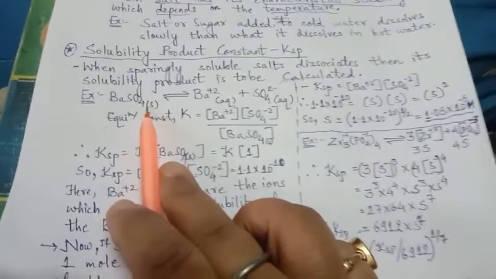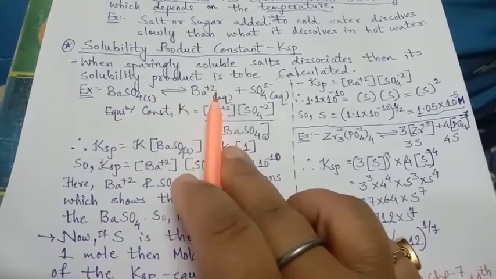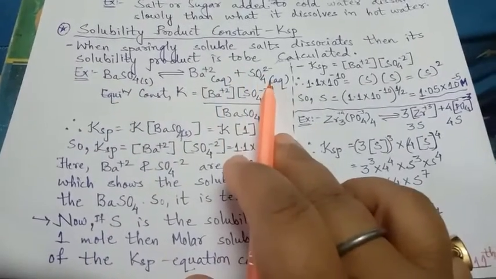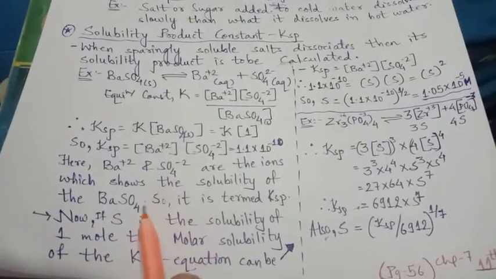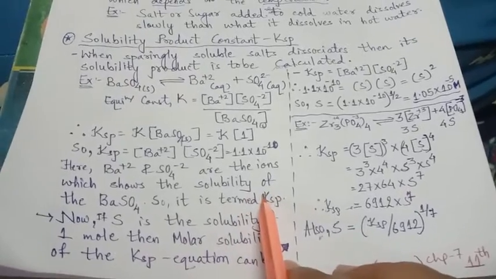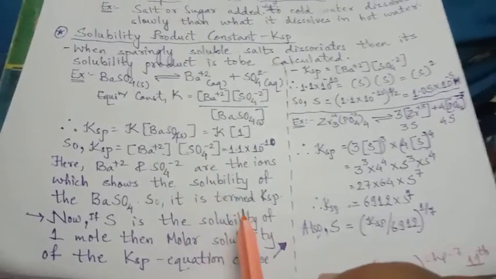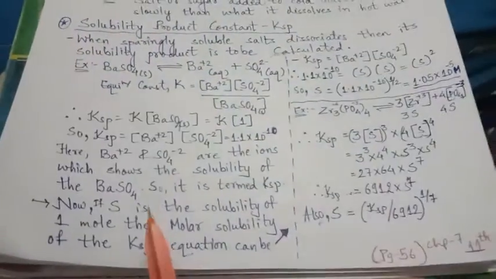The dissolution in the aqueous medium is because of the separation into Ba2+ and SO4 2-. After the dissociation, the dissolution takes place. So it is termed the equilibrium constant of solubility product. Why sp? Because of the product, because of the solubility.